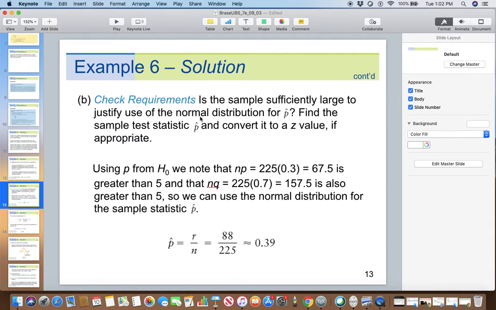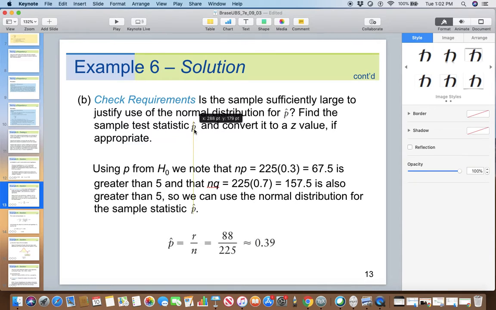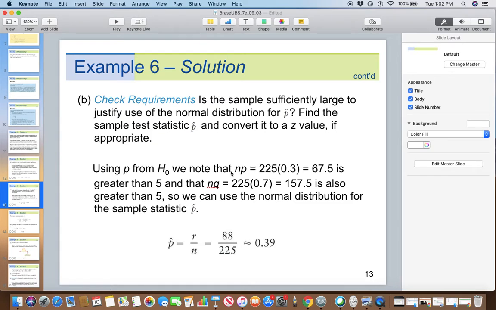Now, we need to check our requirements. Is the sample sufficiently large? Once you recognize that, find the sample test statistic P hat and convert it to a Z value. How do I know whether the sample is sufficiently large?